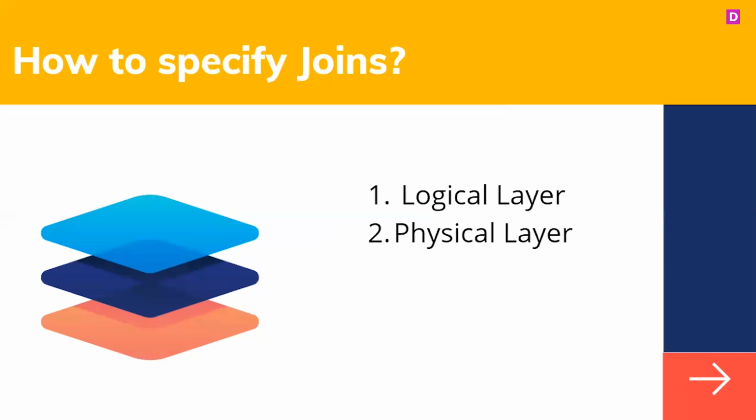Okay. So you define the joins in Tableau in the physical layer. In your data source, you have a physical layer and a logical layer. You just have to double click on the logical table to go to the physical layer where you can perform your joining. Okay, I will show you what it is.